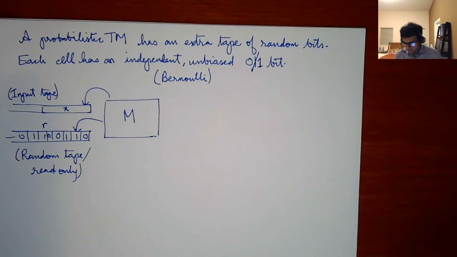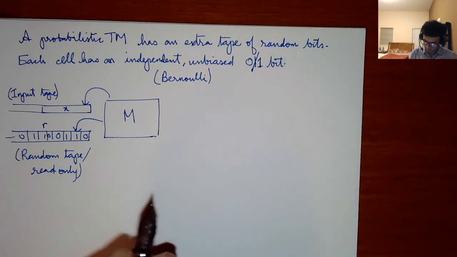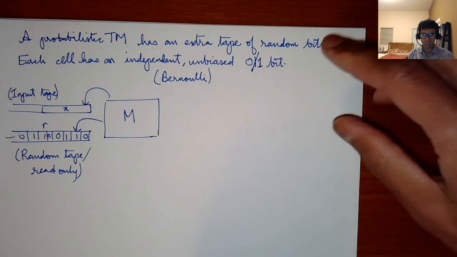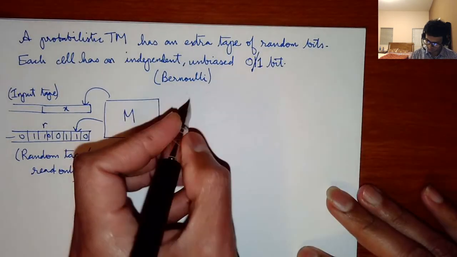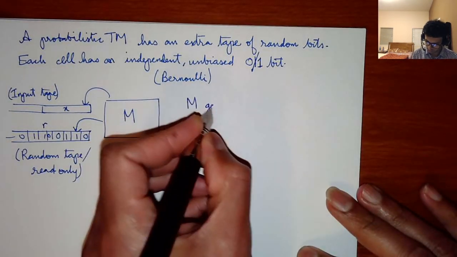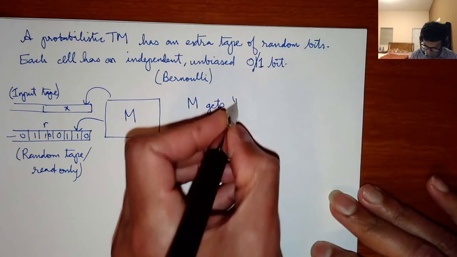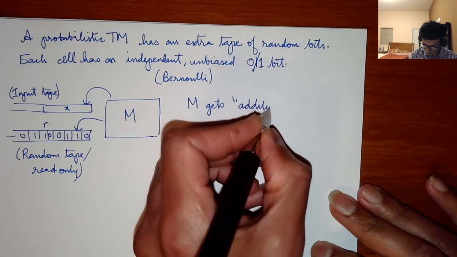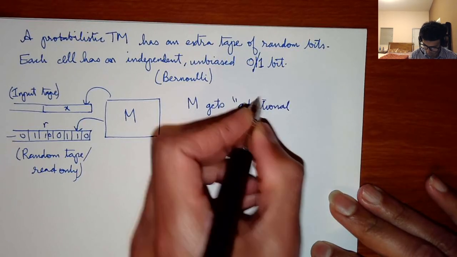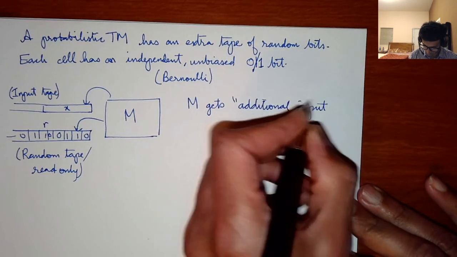Once you fix the input and fix R, M is just a normal deterministic Turing machine. The only difference is that M gets an additional input, an additional input of random bits.